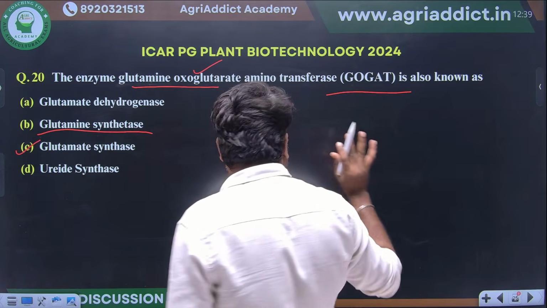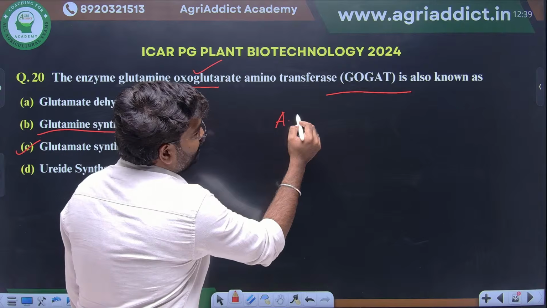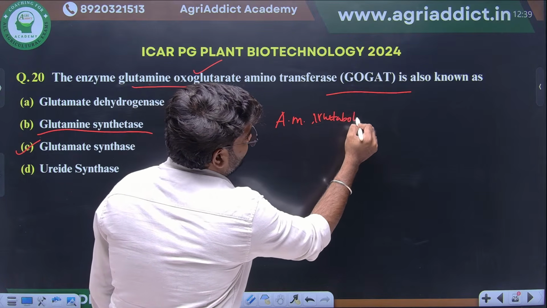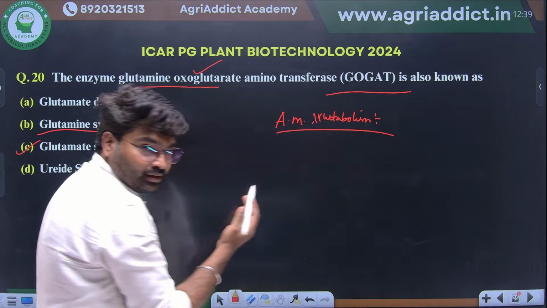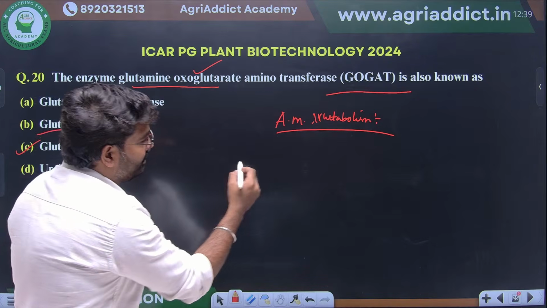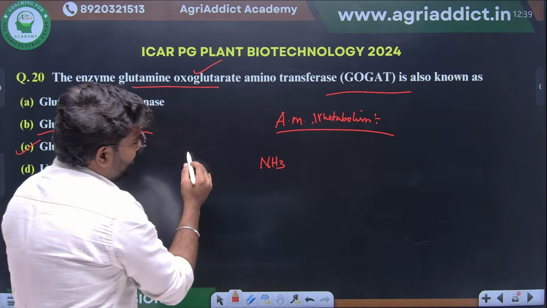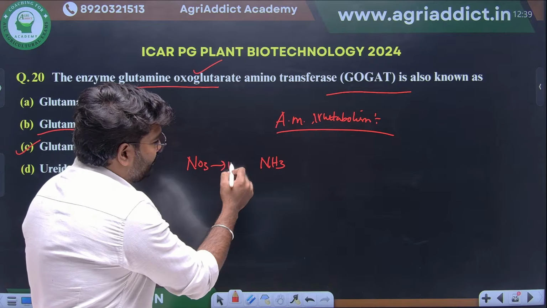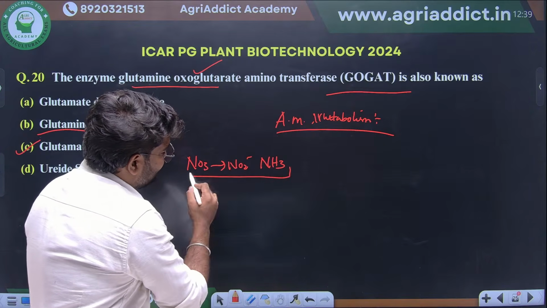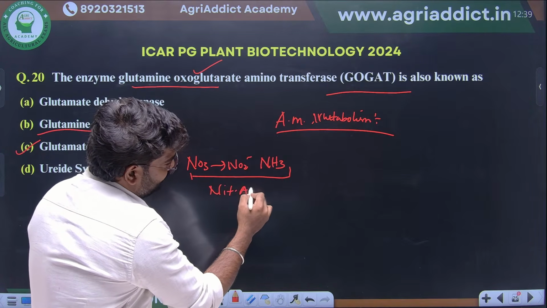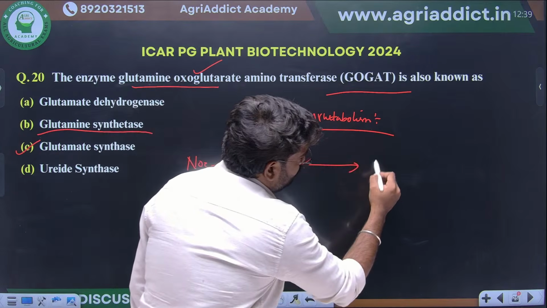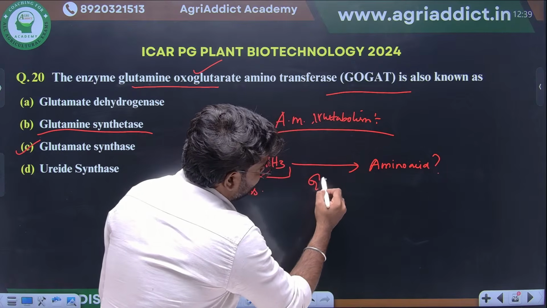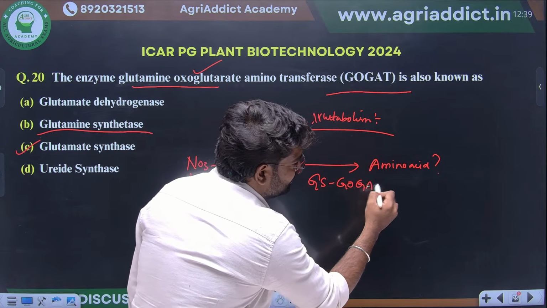You observe here in ammonia metabolism what will happen. First, by nitrate metabolism, ammonia will form. We apply nitrogen fertilizer that converts into nitrate, and nitrate converts into ammonia. This is nitrate assimilation. This ammonia will be assimilated into amino acids by the GS-GOGAT pathway, which we have already seen in our class.